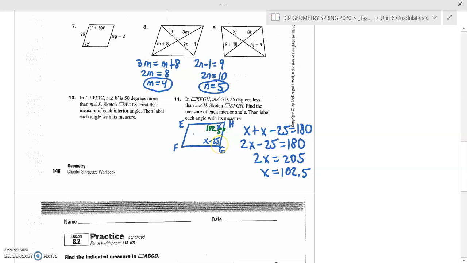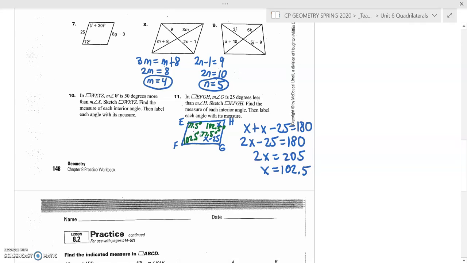So therefore, angle G would be 77.5. And then we know opposite angles are congruent. So angle E also has to be 77.5. And angle F is 102.5. Sorry, it's a little messy. All right, so that's number 11. We've labeled each angle with its measure.